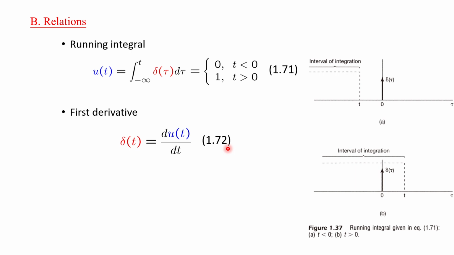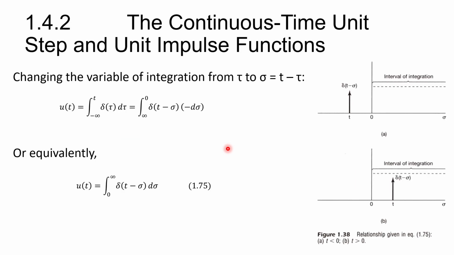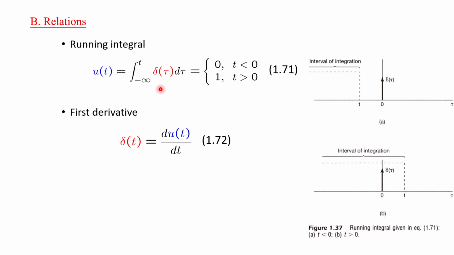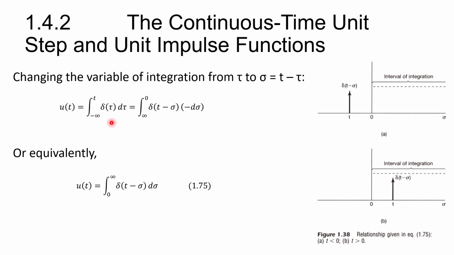Okay, then we do a parallel of what we did in the discrete case. Remember, in the discrete case, when you do this integral, we do a change of variable to push this t into your function, and we can do a similar thing here. So instead of integrating over tau, we're integrating over sigma, that's t minus tau.